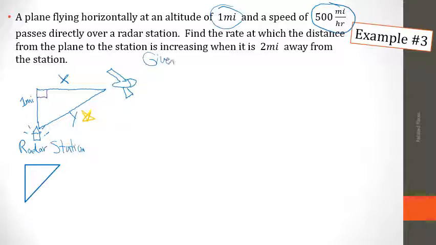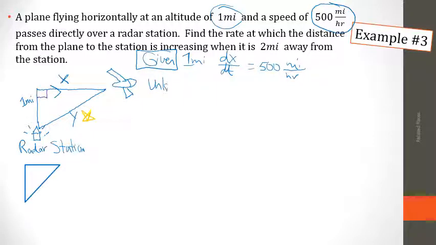So first, let's state what we're given. We're given that it is 1 mile up. We're also given the speed is 500 miles per hour. So this rate right here, dx dt, is 500 miles per hour. What do they want us to find?